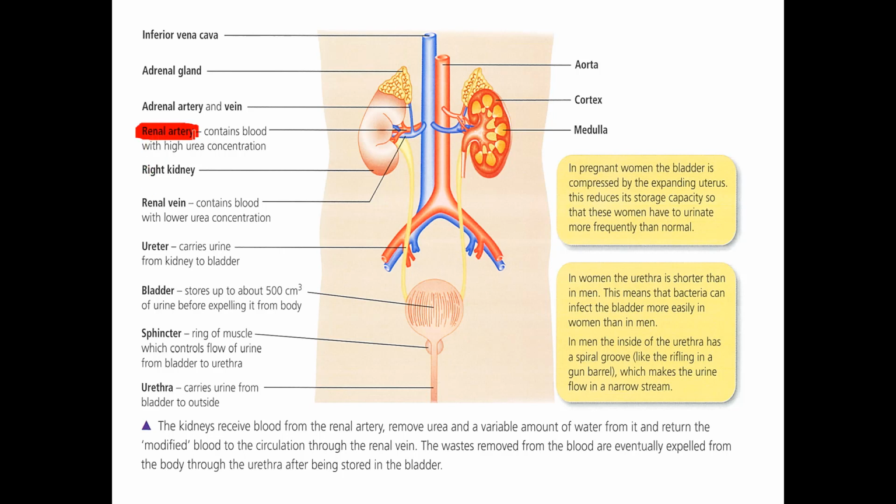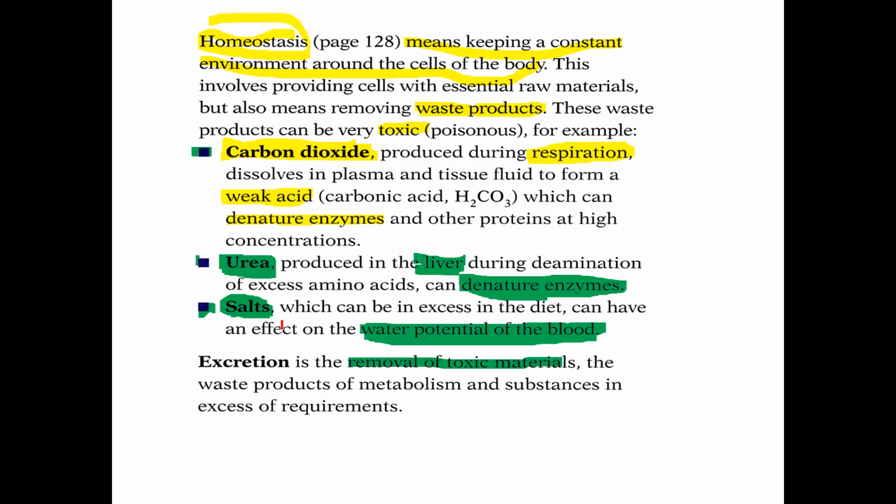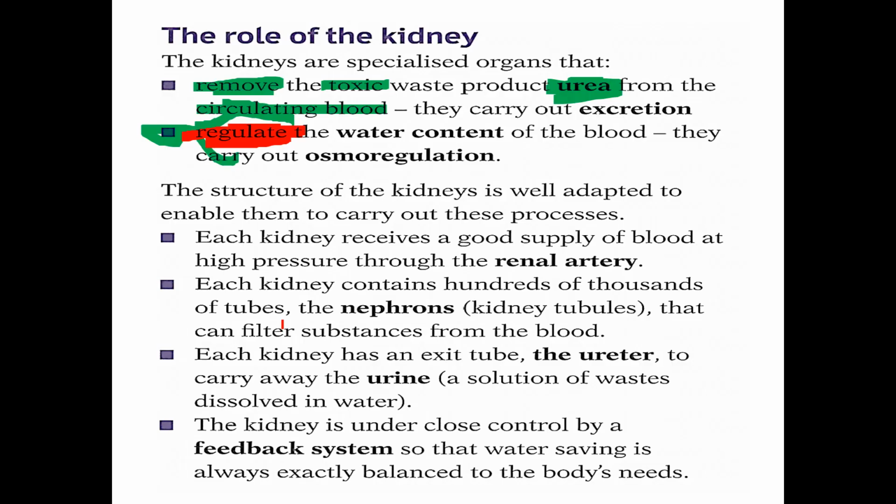The first part, the renal artery, as you can see here, it's the red one. The blood is going inside the kidney through the renal artery. The renal artery sends blood under high pressure. Each kidney receives a good supply of blood at high pressure.